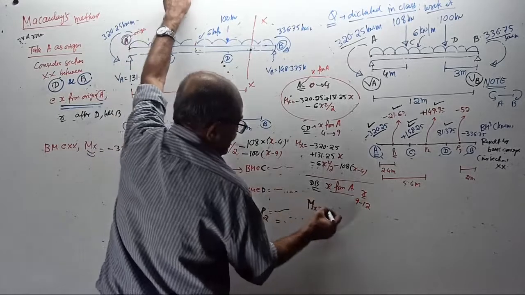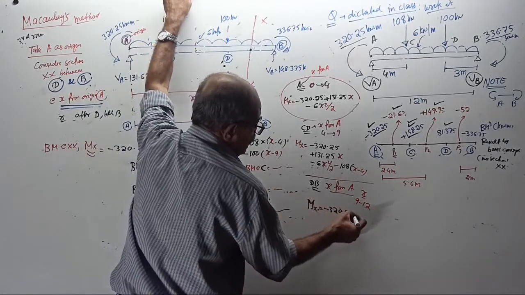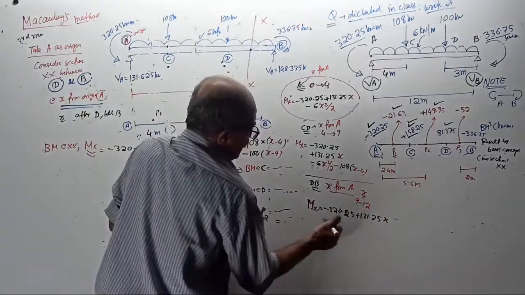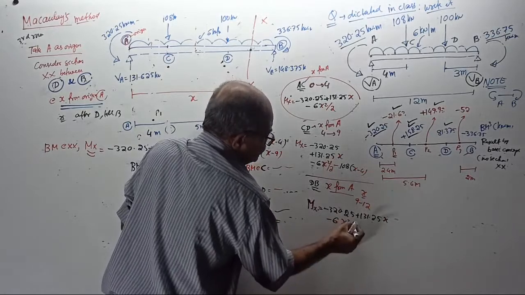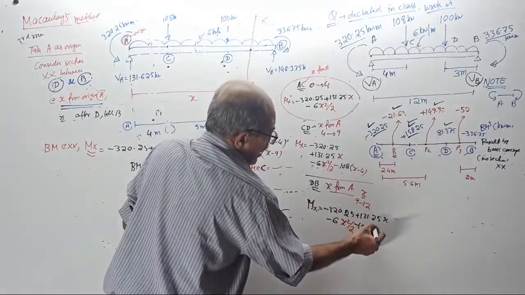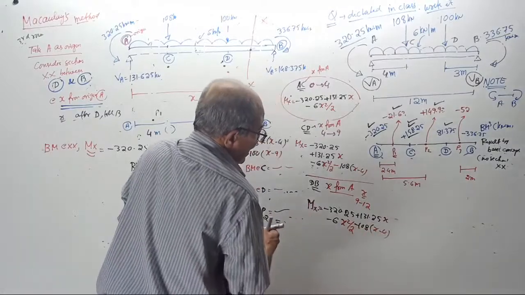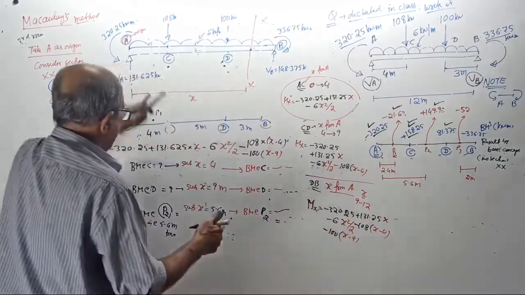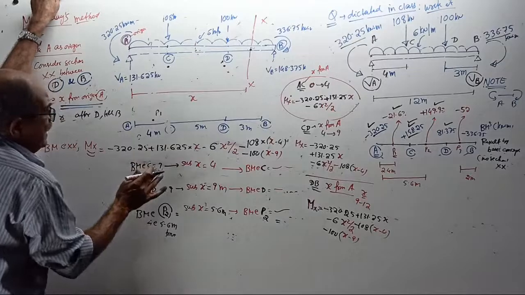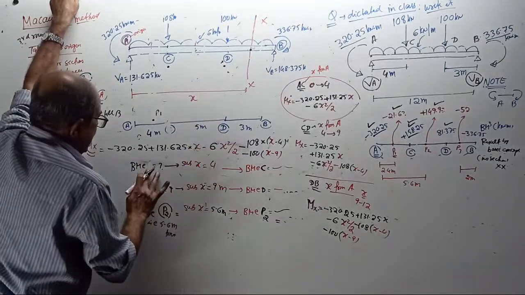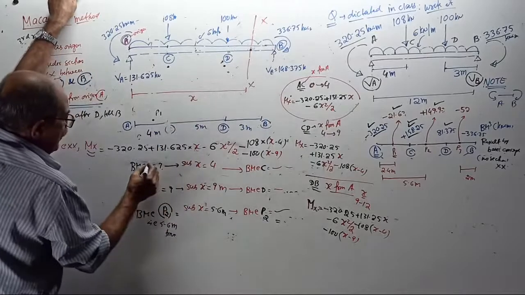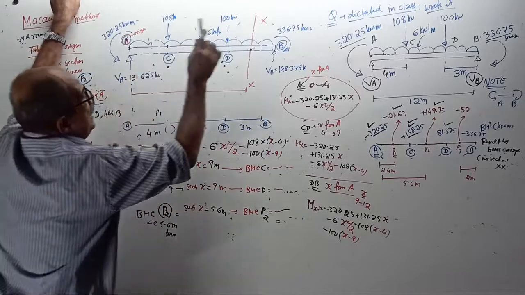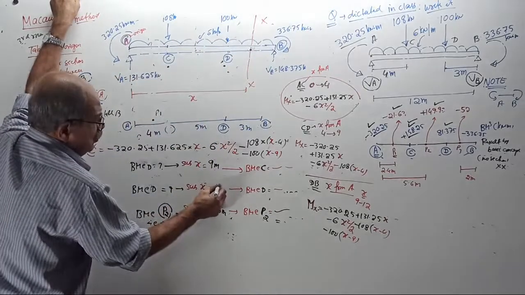Then my MX equation came, see here, I am copying: minus 320.25 plus 131.25 into X, minus 6 into X square by 2, minus 108 into X minus 4, minus 100 into X minus 9. Now, if I want BM at D, it is valid from D to B. If I want BM at D, substitute X equal to 9 meter. If I want BM at B, substitute X equal to 12 meter.